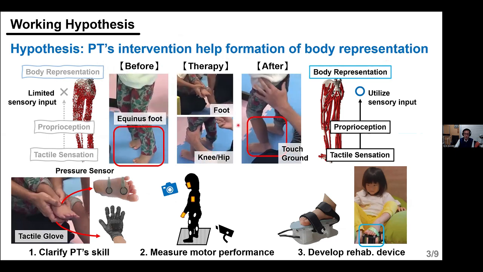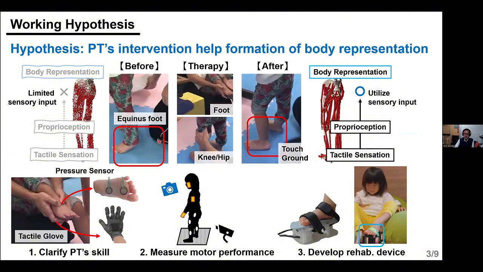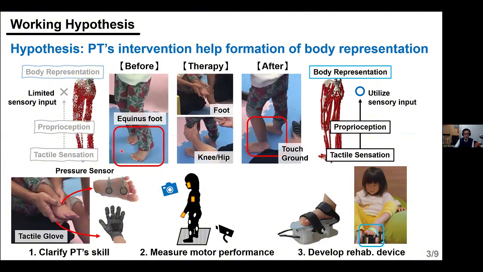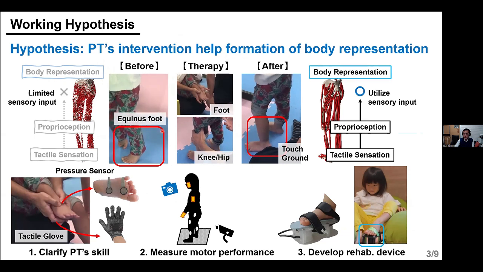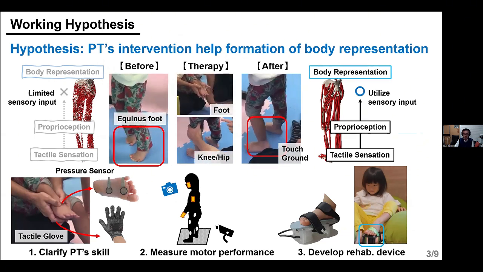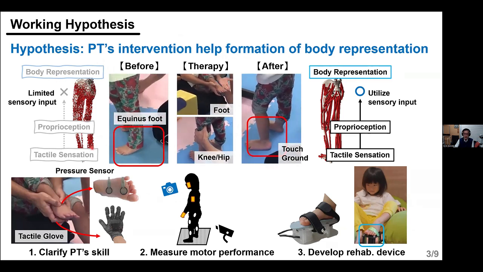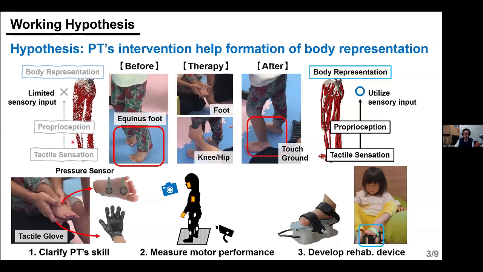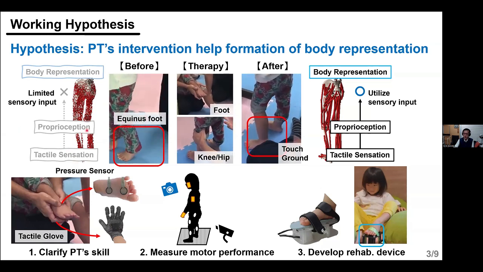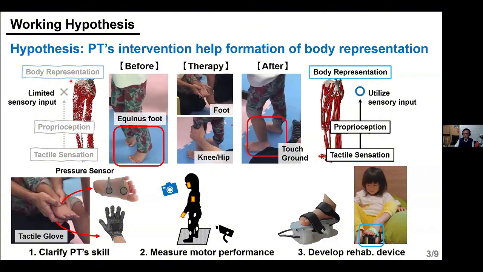This movie shows an example of a child with CP. You may see in the left movie that she cannot touch her foot fully on the ground. In this case, she cannot fully utilize tactile sensation and proprioception, so it does not really contribute to the body representation.